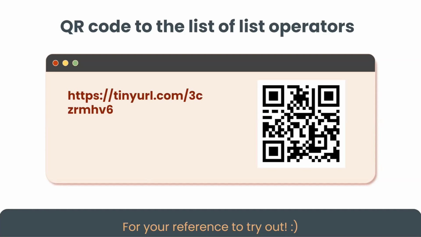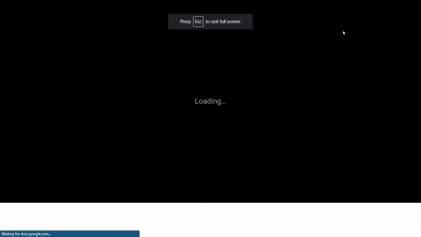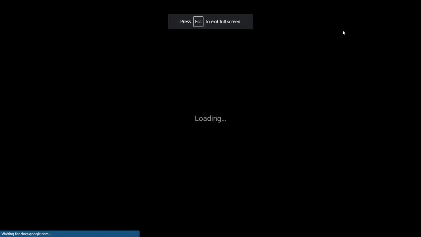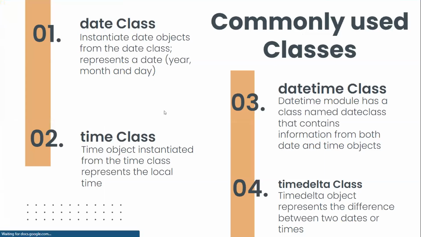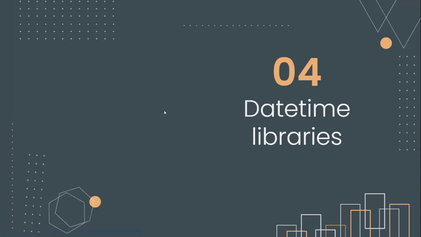I'll now be moving on to the datetime library, and I'll be sharing the slides. Okay. So now we go on to the datetime library, which is included with Python.